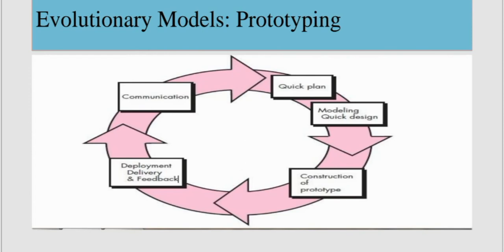So, when to use the prototype model? The main objective of prototyping is customer satisfaction, and customers are satisfied only when all their requirements are completely implemented in the final system. But hardly a customer is able to narrate all their requirements clearly and consciously at once.